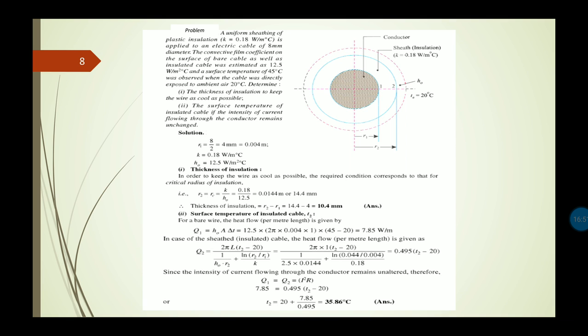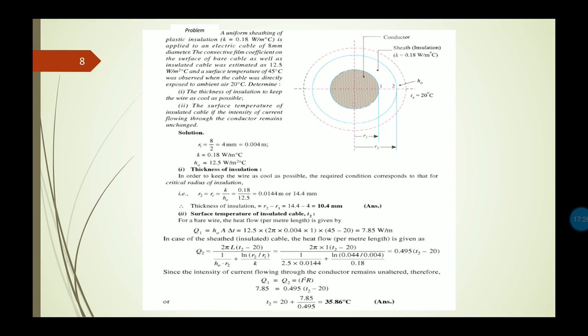Let us discuss the next numerical. A uniform sheathing of plastic insulation, where the thermal conductivity is given, is applied to an electric cable of 8 mm diameter. The convective film coefficient on the surface of the bare cable as well as the insulated cable was estimated as 12.5 watt per meter square degree centigrade, and a surface temperature of 45 degrees centigrade was observed when the cable was directly exposed to ambient air at 20 degrees centigrade.